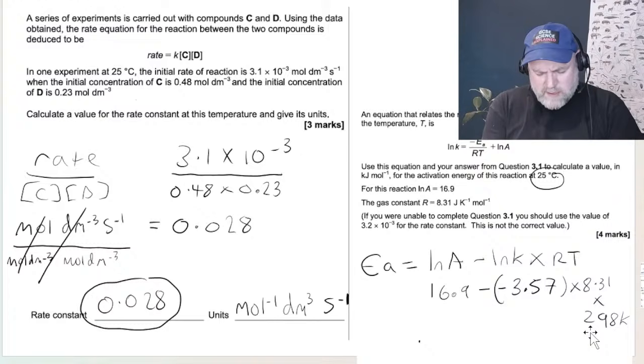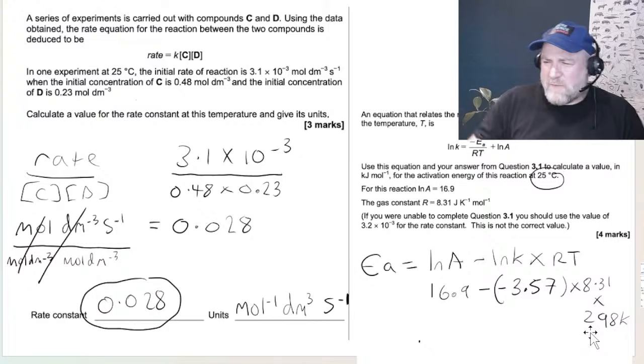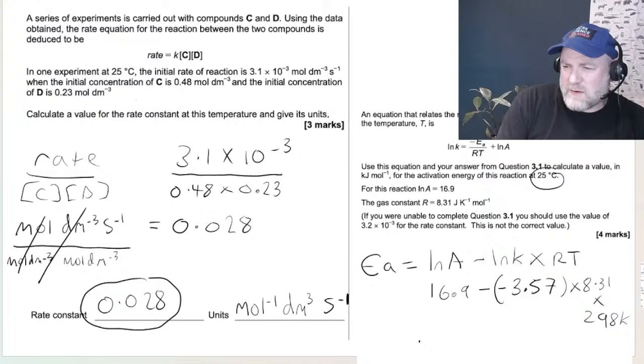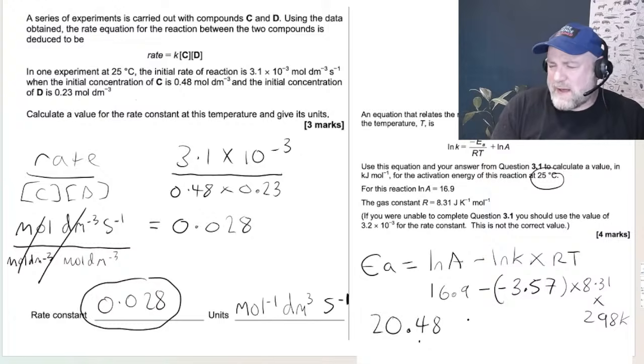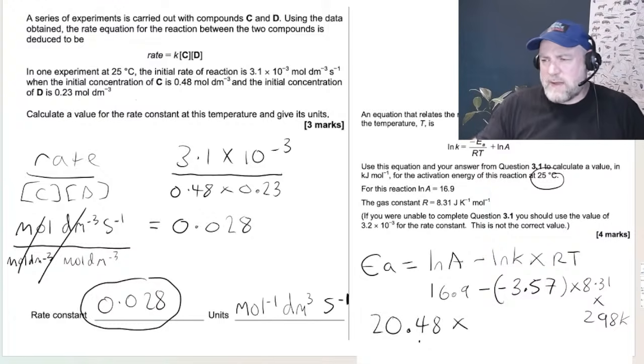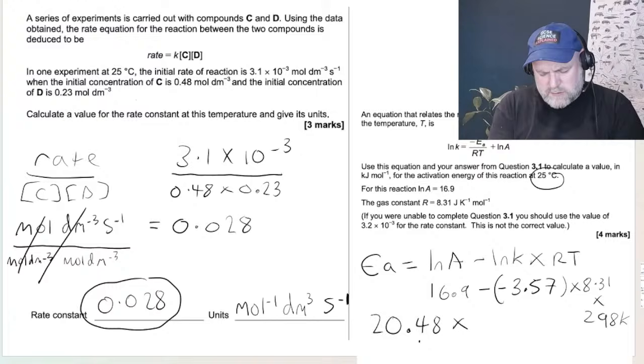Let's do it. 16.9 minus 3.57. I got 20.47. It might be 20.48. That's probably supposed to be an 8, I probably should have rounded that. Whatever, 20.48, something like that. And then times 8.31 times 298.